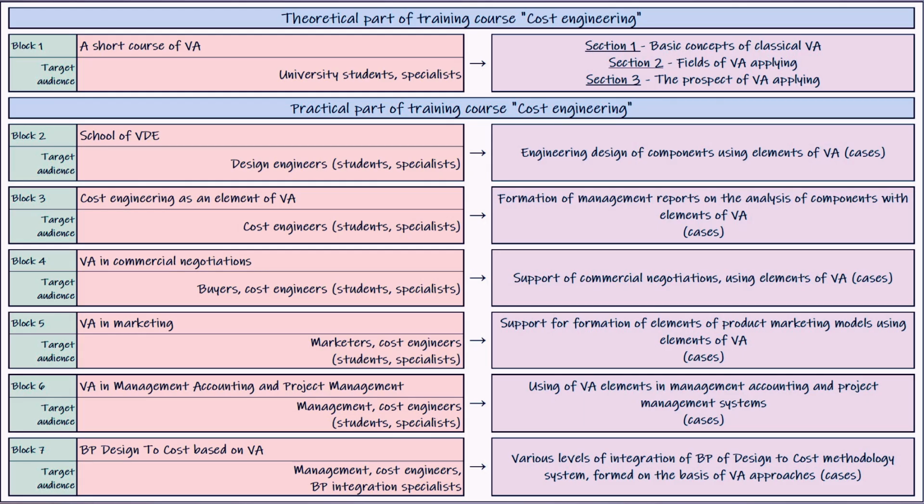Unfortunately, I can't tell you anything new in the field of other sections, except for cost engineering, so I suggest you familiarize yourself with them yourself, since there are lectures on value analysis in open access or in the store.